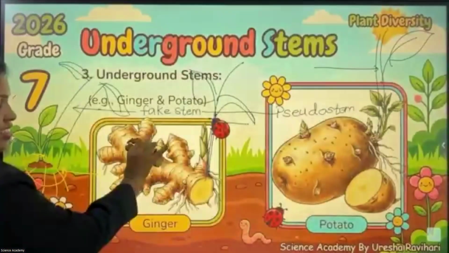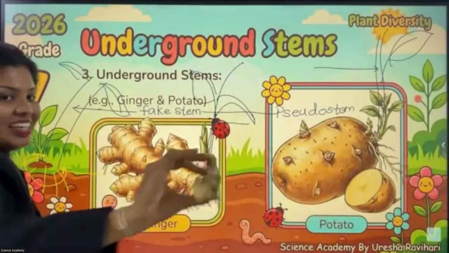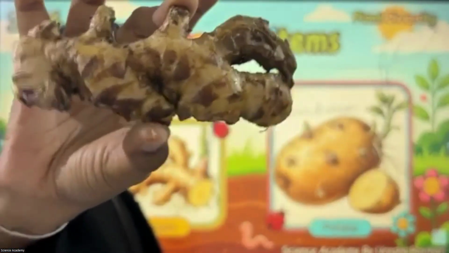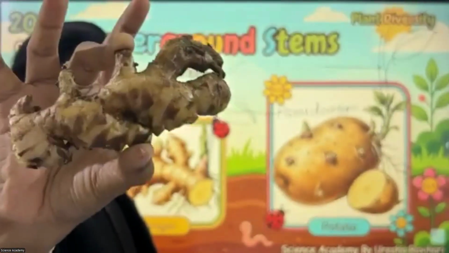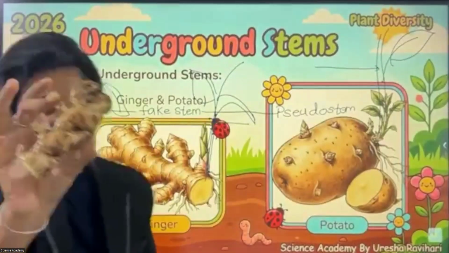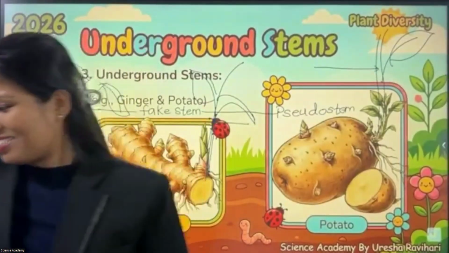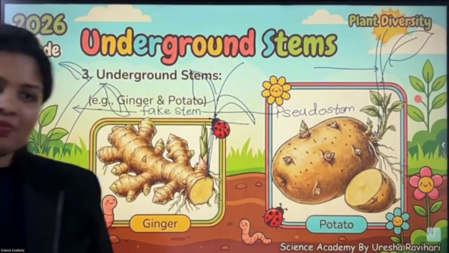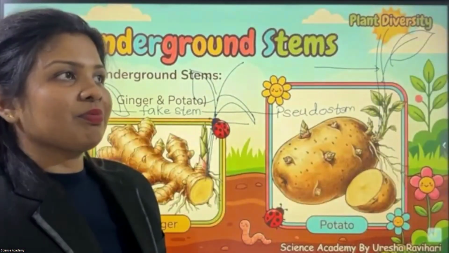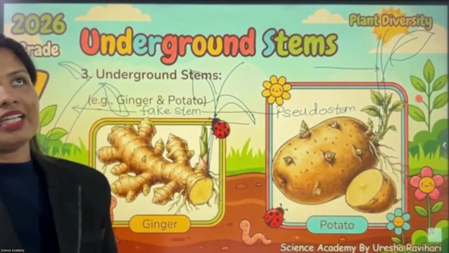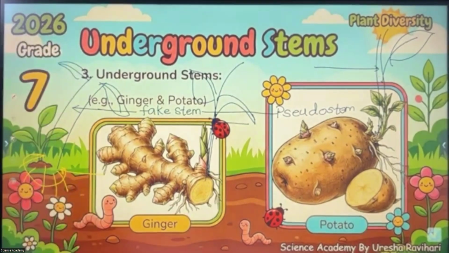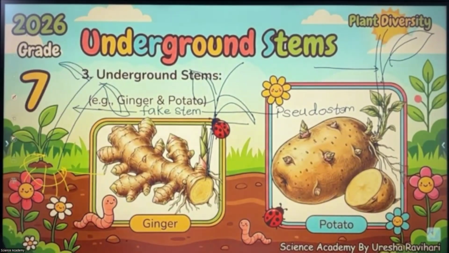Ginger. Yes. Here, children, this is also a real underground stem. Can't we take turmeric as an example for underground stems? So what is turmeric?